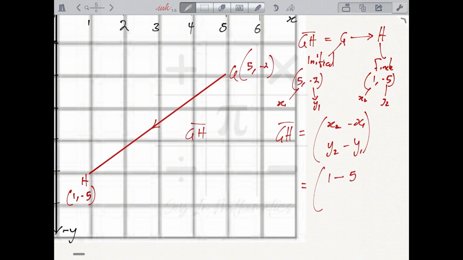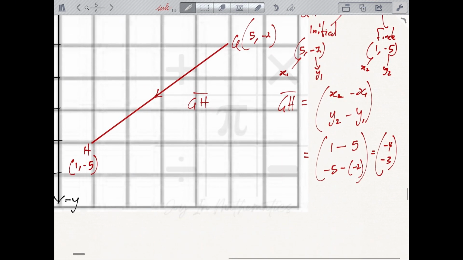Likewise, y2, which is minus 5, minus y1, which is minus 2. Solving this, 1 minus 5 gives us minus 4, and minus 5 plus 2 gives us minus 3. So on the x-axis we have 4, on the y-axis we have 3.